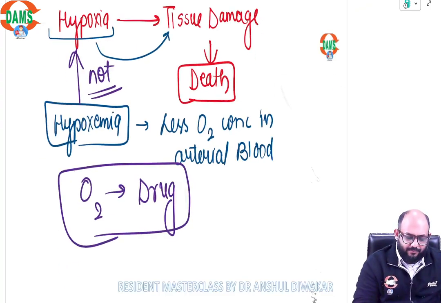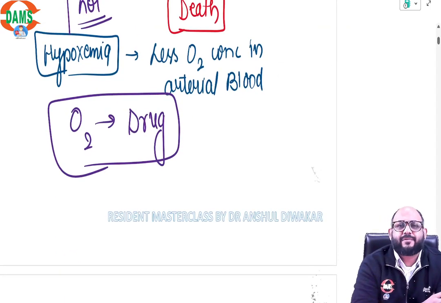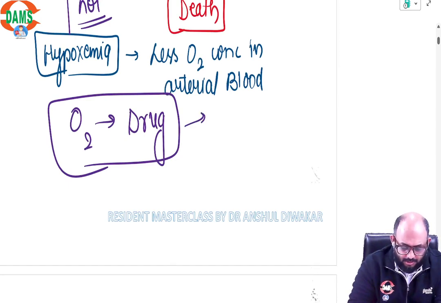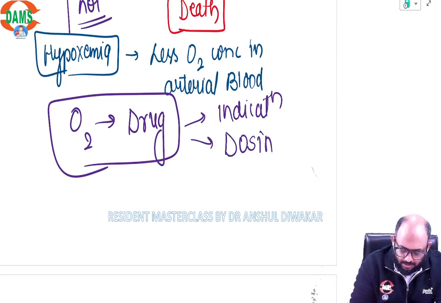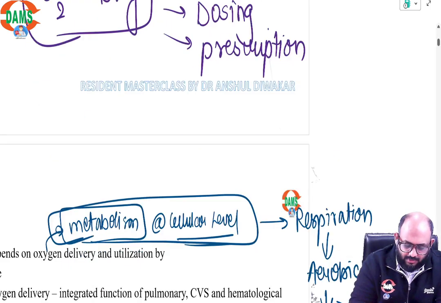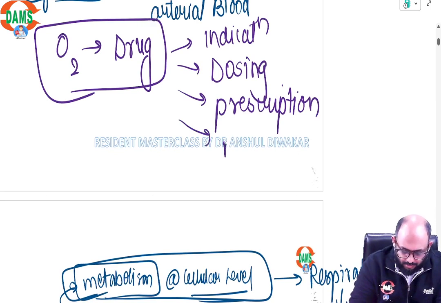And since we use a lot of drugs, we know that every drug should have an indication. It should have a dosing. It should carry a proper prescription. Whenever you give the drug, there should be proper monitoring.